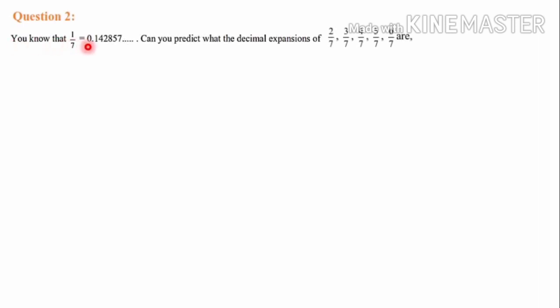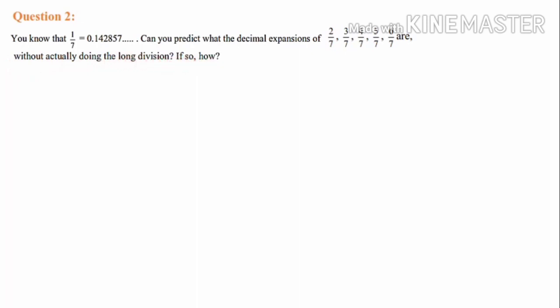Move on to question number 2. The question is, you know that 1 by 7 is equal to 0.142857 etc. Can you predict what the decimal expansions of 2 by 7, 3 by 7, 4 by 7, 5 by 7, 6 by 7 are without actually doing the long division?